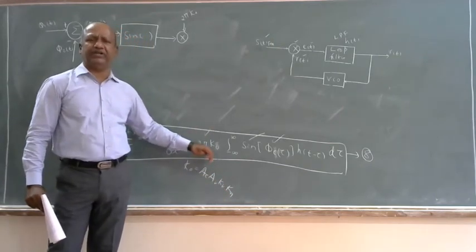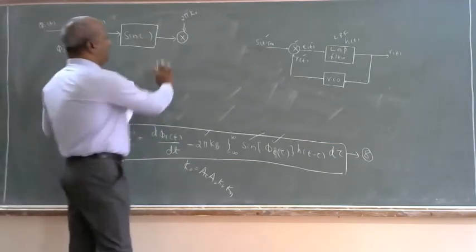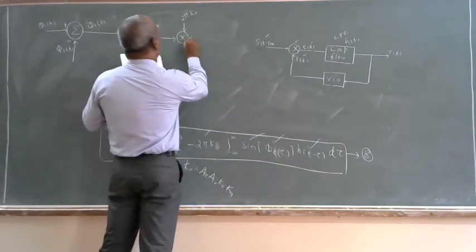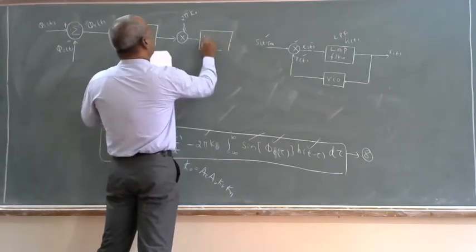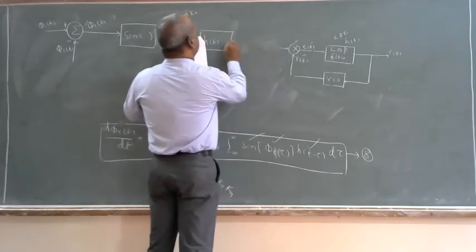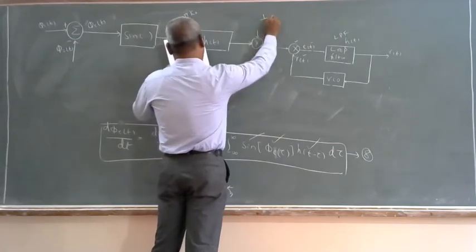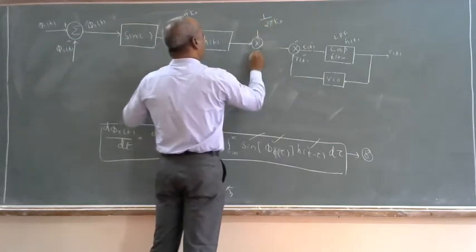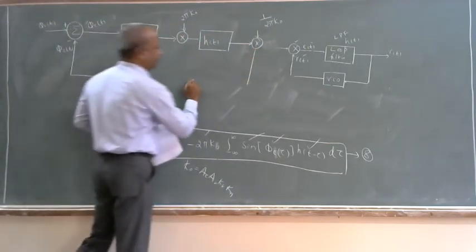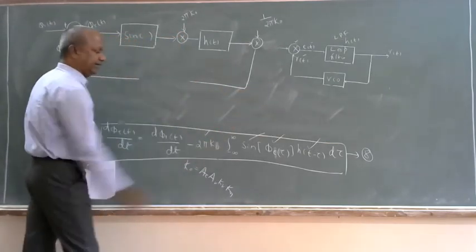K naught is in hertz. Next, it is multiplied by h of t, the loop filter, and the output is 1 by 2 pi k naught. This term is in the form of integration.